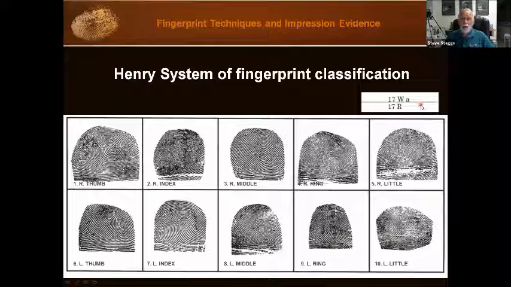And all of the small letters for the left hand will be below the line, the denominator. If, for instance, a plain arch appeared in the right middle finger, that's this one right here, and that's what we have here, a plain arch.